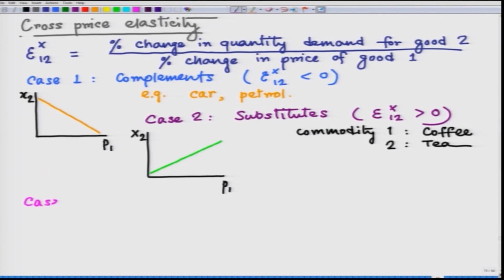Now, let us look at the final case, which is the case of independent goods. In the case of independent goods, we assume that this cross price elasticity takes 0 value. Now, what could be the example?